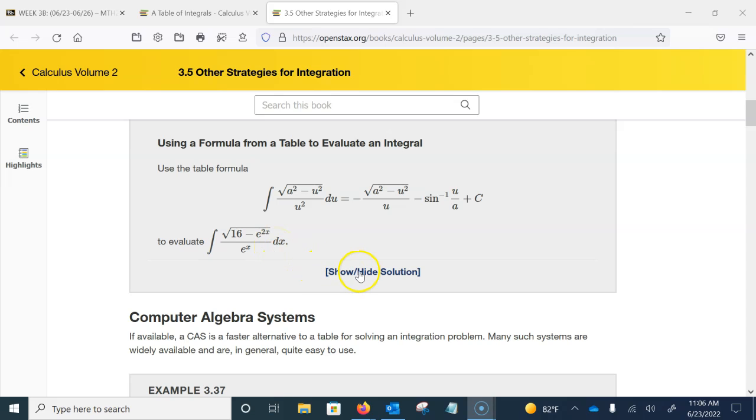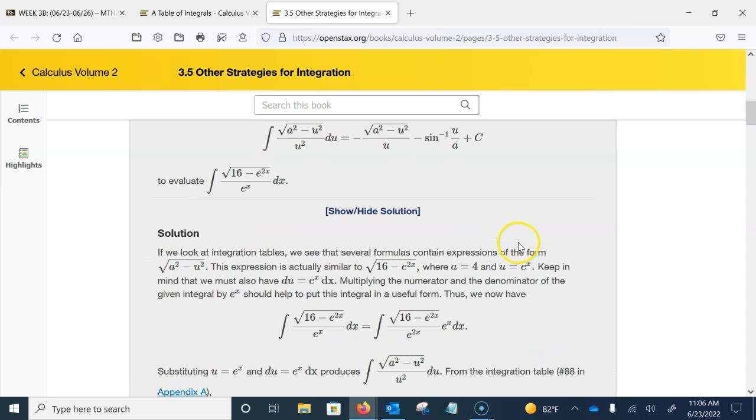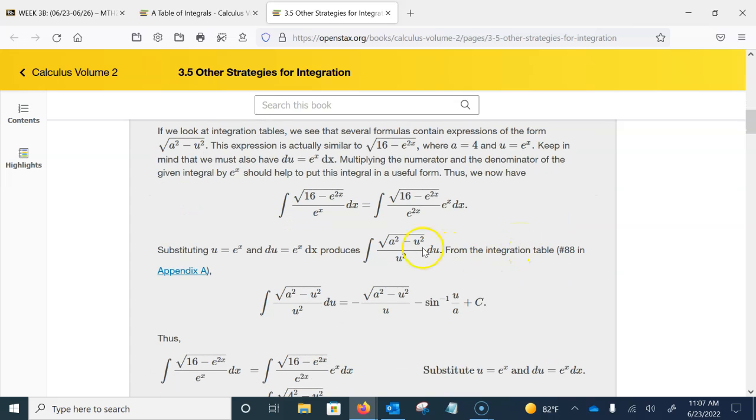All right, let's see how the textbook formulates this. Notice here's the original integrand. They multiply the numerator and the denominator by e to the x. With their u substitution of e to the x, this is u squared, this is u squared, and then e to the x dx is simply my du.